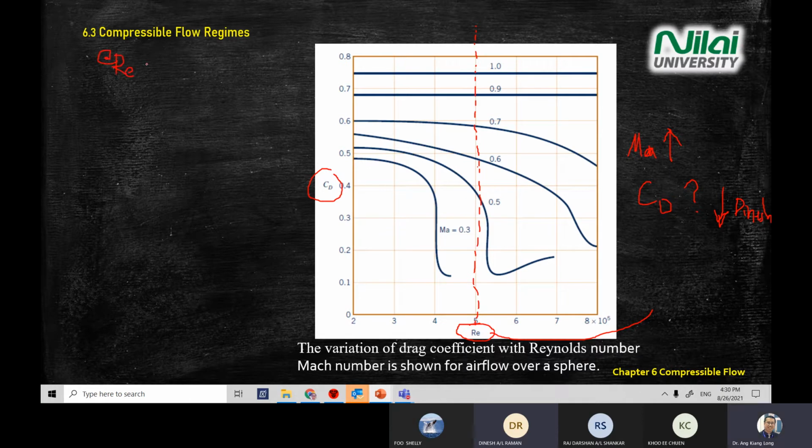At Reynolds number 10 power 5, which is the red line that I drew, Dinesh, tell me the rough value when the Mach number is 0.5. What is the CD value you read from this graph?